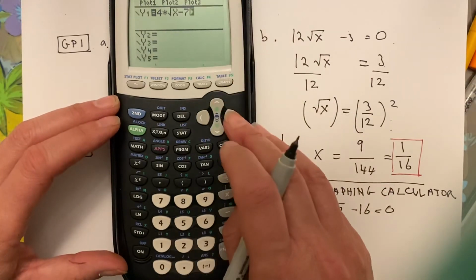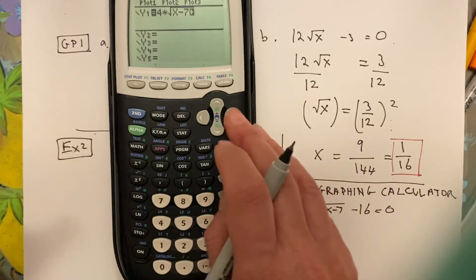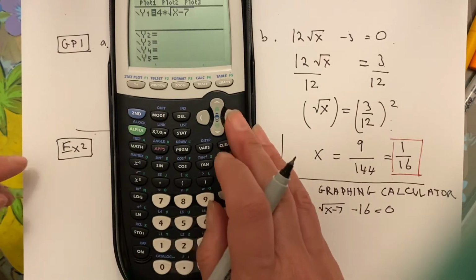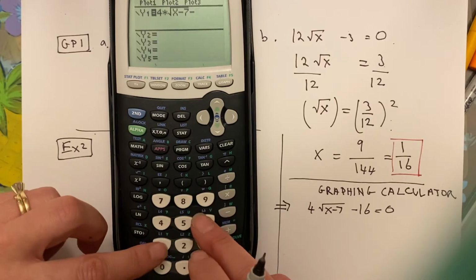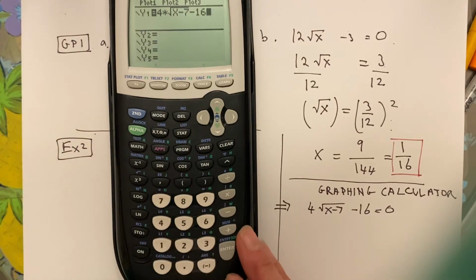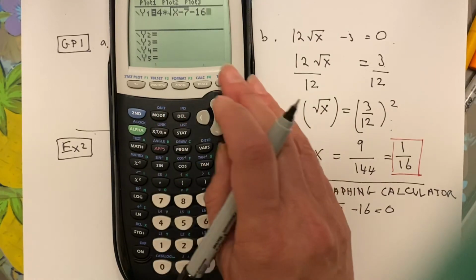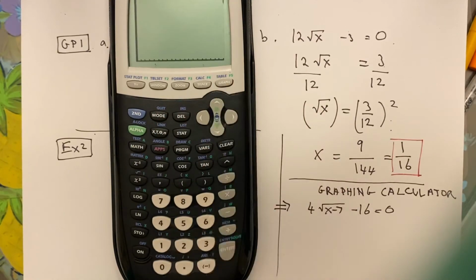And to undo the square root, I'm just going to do this to signal that I'm at the end, and I'm going to do another operand. Minus 16. So that's what I'm introducing as my equation, and let's see what happens if I graph it. I may have to adjust my window, and I do have to adjust my window because I can't see anything.